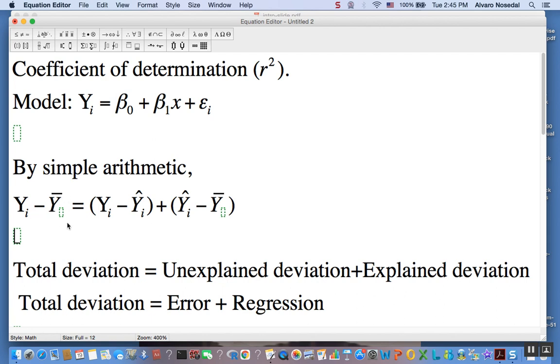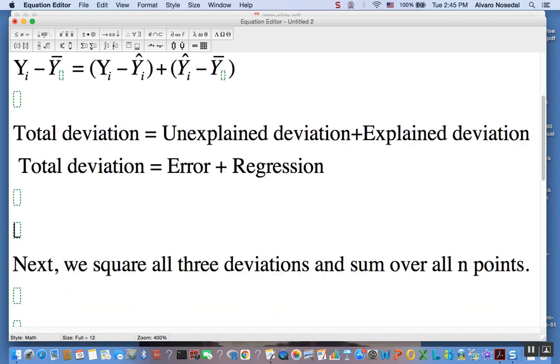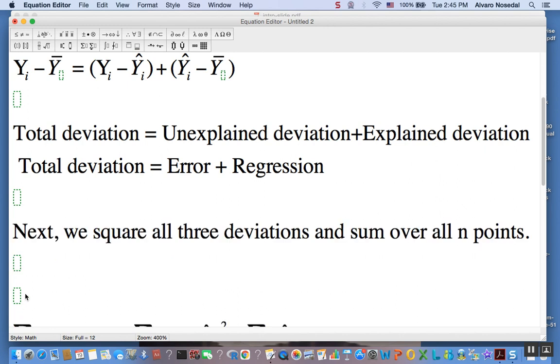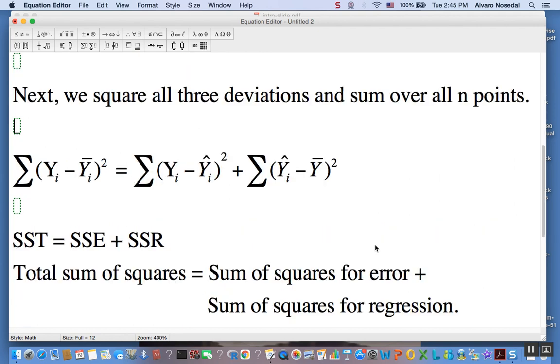You have a total deviation, and then you break it down into two parts: the error deviation and the regression deviation. As I said, what we're going to be doing next is squaring those deviations and adding up for all of those n observations.